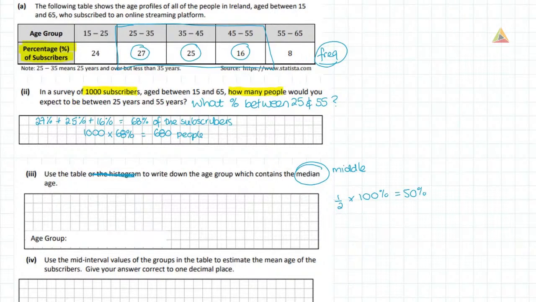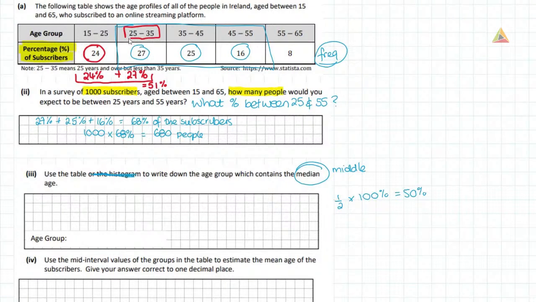When I look at this data, there's 24% in here. So that means that the 50% isn't in there, and we'd add on the next piece. When we add on the next piece, these two intervals have 51% of the data. Because we're reaching 51% here, it means that the 50% has to be in this interval.